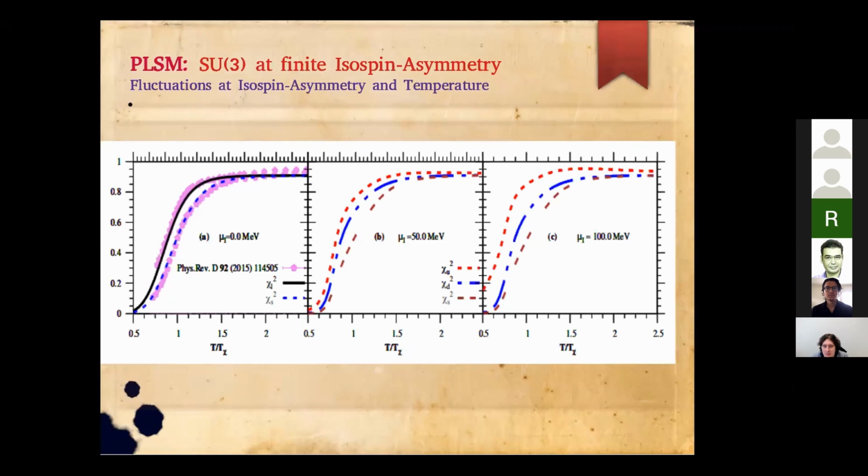Yes, of course. At least we are in good agreement with your calculations, though there are some limitations. For example, we couldn't have the pion condensation at lower temperature. Only the isospin chemical potential starts from a finite value of the pion mass and so on. This is what we have already obtained. Okay, thank you.